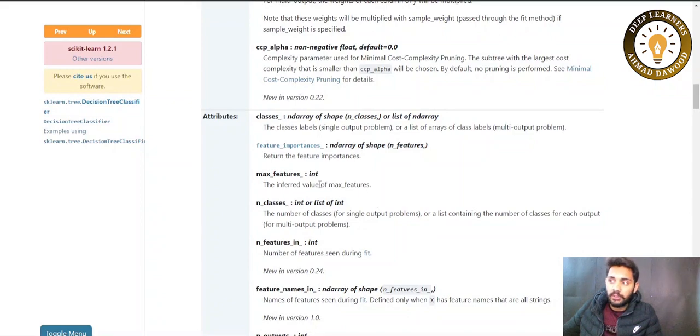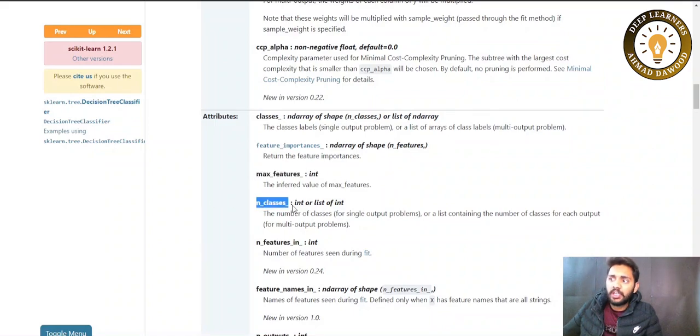Let's say you passed a fraction, multiplied with the total number of features. You can ask what value sklearn actually inferred from that fraction by using that attribute.